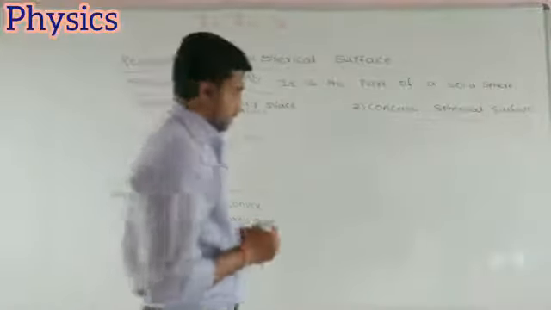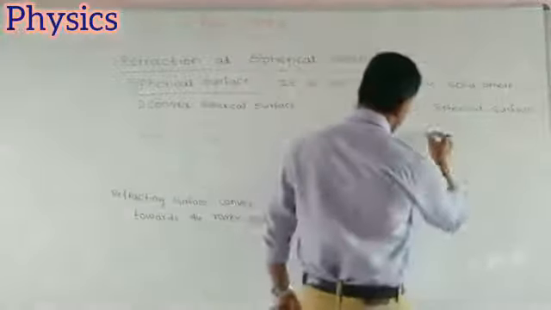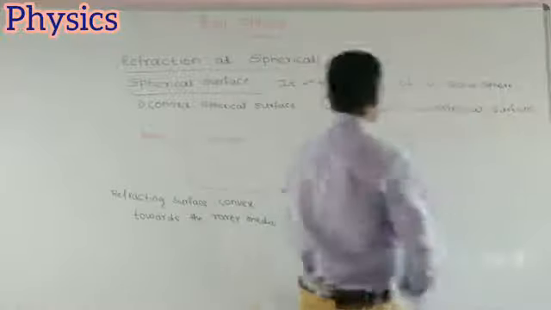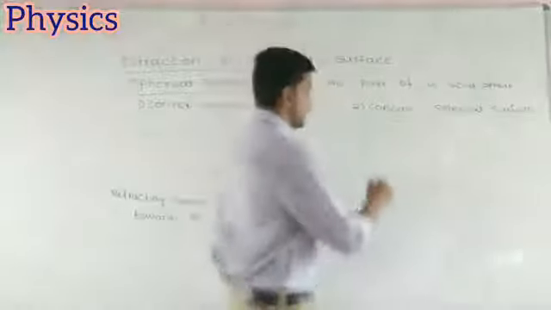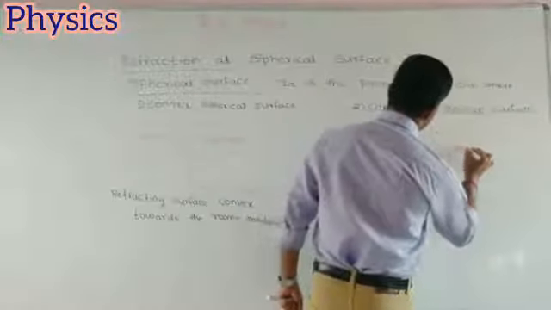And how to draw the concave spherical surface? See, this is the way of representing the concave spherical surface. I am taking this one as the rarer medium and this one as the denser medium.